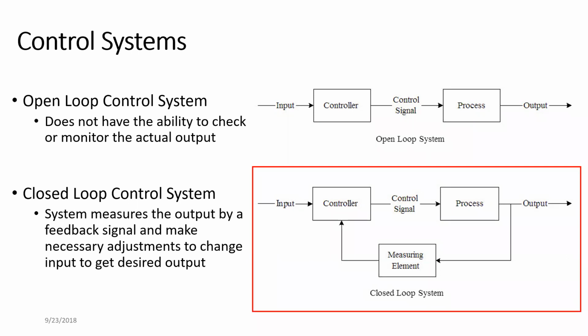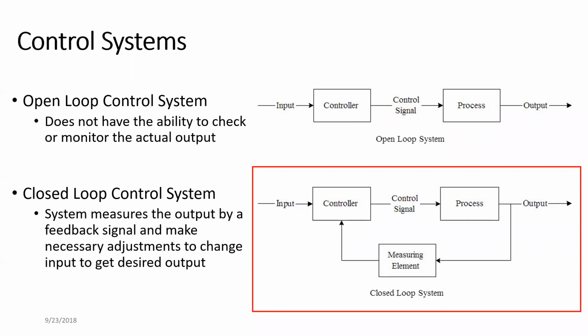In some instances, the control system of the vehicle works as an open loop system as well, but most of the time it works as a closed loop control system. For example, if you start the vehicle early in the morning, at that time the vehicle is working as an open loop system for some time.